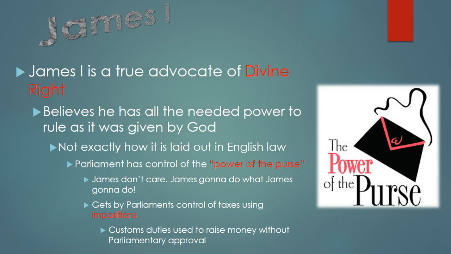When you impose upon someone, you're asking them to do something without really giving them an opportunity to say no. And in this case, an imposition is a tax on goods that are either entering or leaving the country. We would call these a tariff today, or an excise tax. And because of this, James feels like he should have the right to do it.